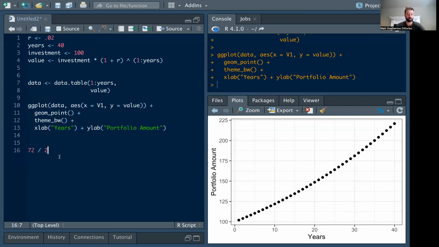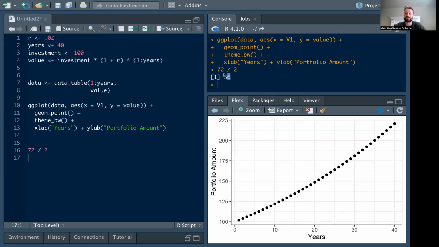So 2% return. And that says in about 36 years, our investment should double. And if we look on this chart, that's pretty accurate, right? Here's 35, here's 36. This doubles at 35, but it's about 36. We started with 100, and at 35, 36, we double our amount to get to 200.